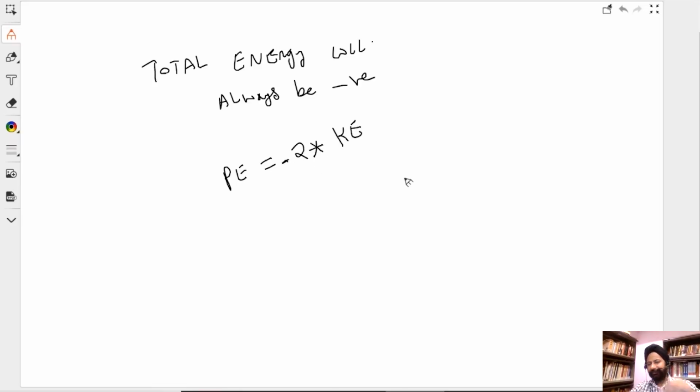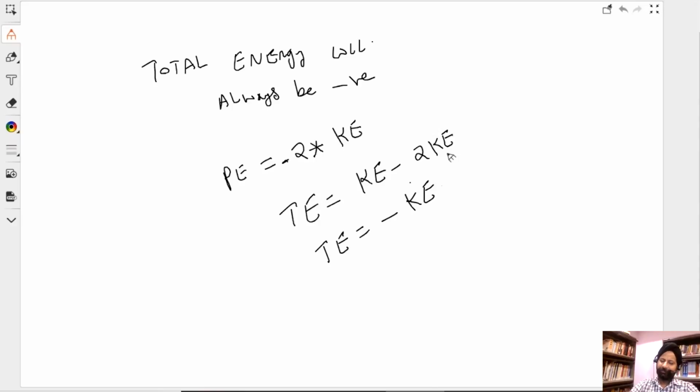So the total energy will be equal to kinetic energy minus 2 times kinetic energy. So total energy will be equal to minus of kinetic energy. So if kinetic energy is 5 joules, total energy is negative 5 joules. Potential energy is minus 10 joules. That is always going to be the relationship when you see it in gravitation and also here.